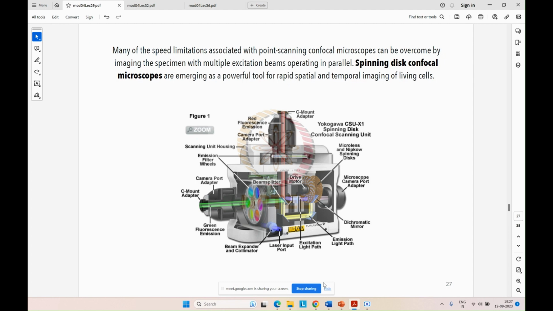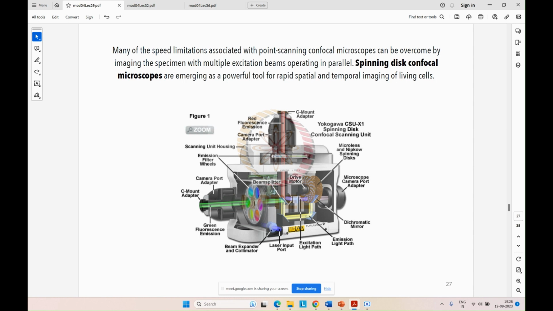This is the other kind of confocal that I was talking about, in which, instead of focusing at one point, it has a disc which would pass through certain rays of light at one point, but it's not one point at a time; it's multi-point.